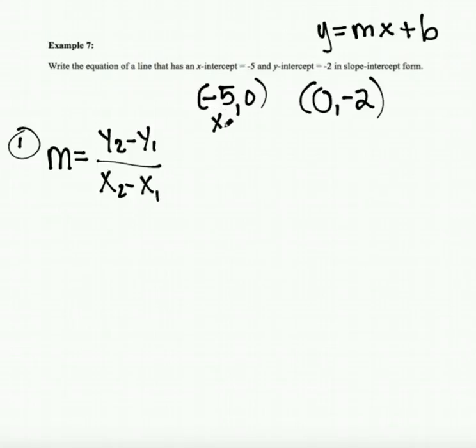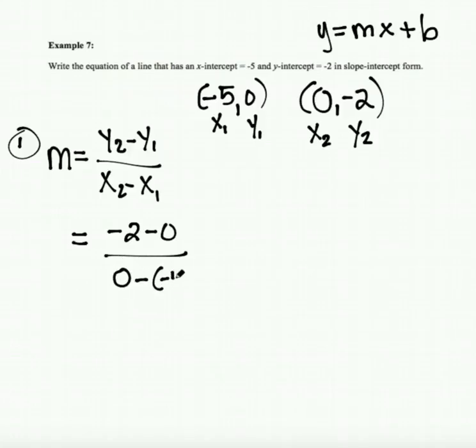Let's call this x1, y1, and let's call this x2, y2. So that's going to give me m equals -2 minus 0 divided by 0 minus -5. Okay, so -2 minus 0 is -2, and 0 minus a -5 is going to give me +5.